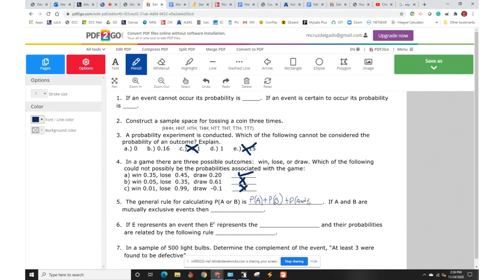Now, if A and B are mutually exclusive, then this right here is 0, and you just got these two to add up. And this is the little symbol that they use in this text. It means complement.